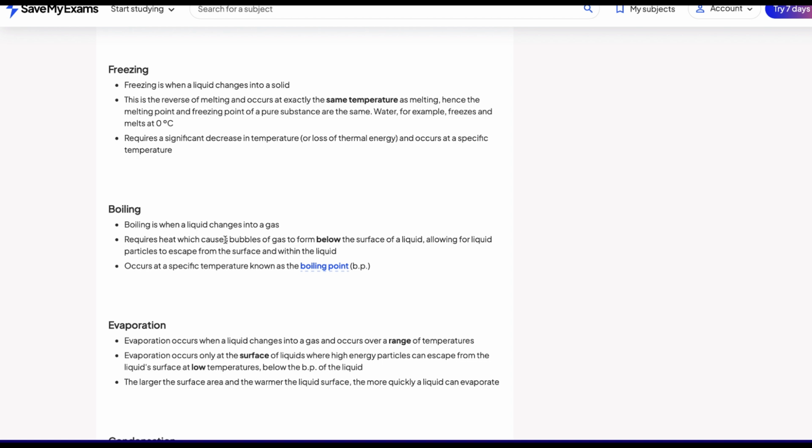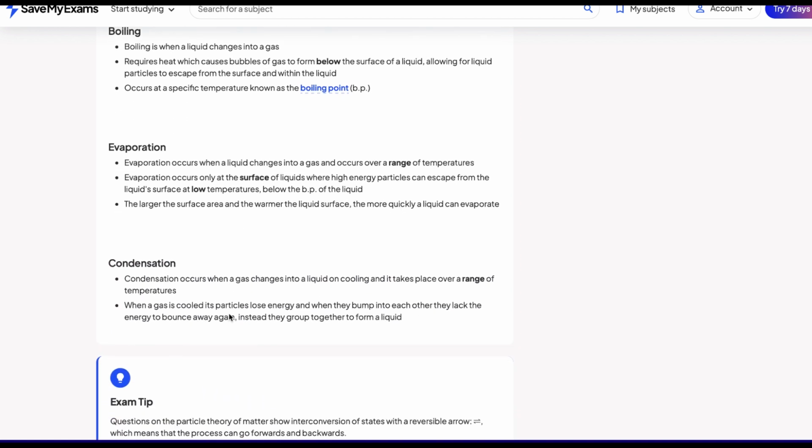So boiling is when a liquid changes to a gas, and it requires heat, which causes the bubbles to form a gas. It's usually 100 degrees Celsius, and this temperature is known as the boiling point of a liquid or water.